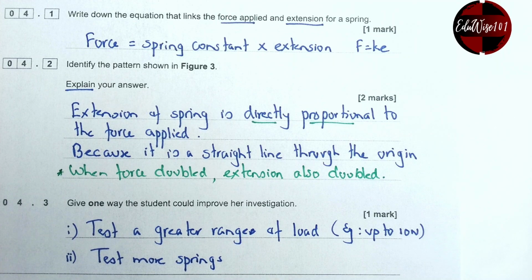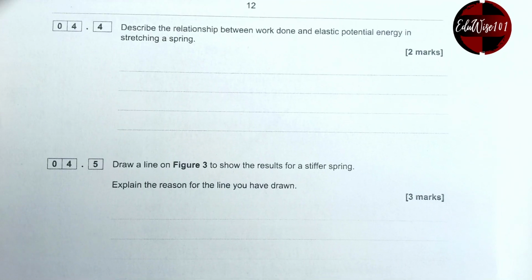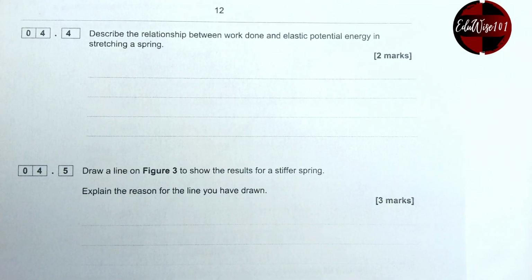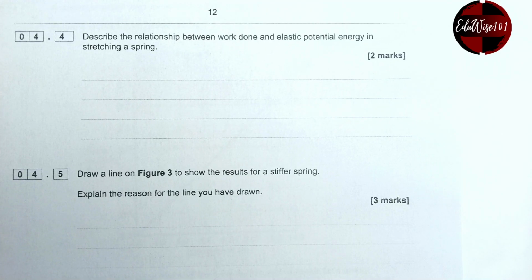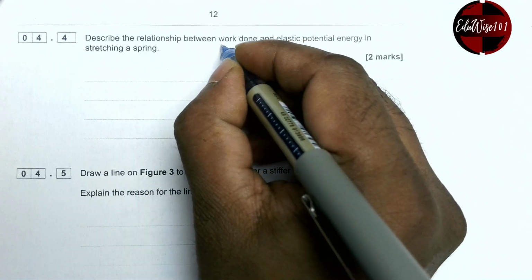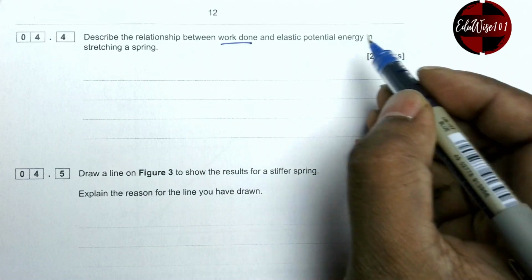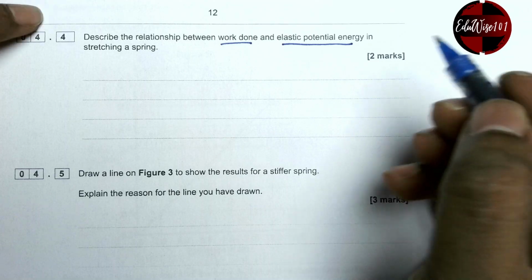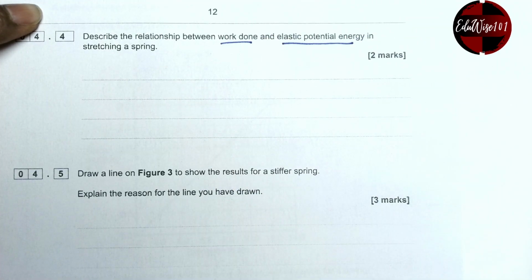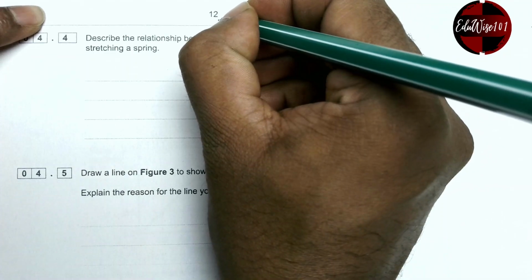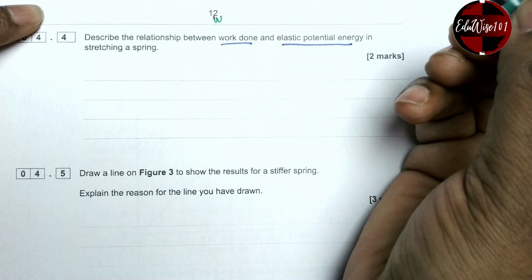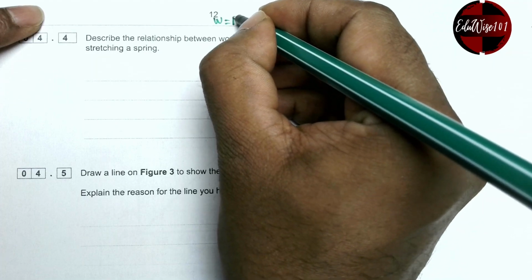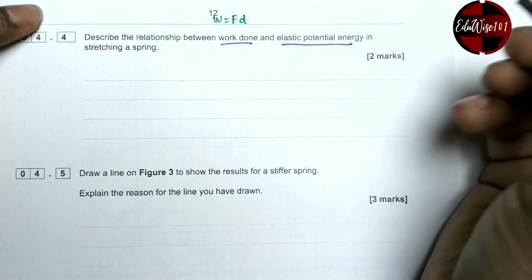Next question, 4.4. Describe the relationship between work done and elastic potential energy. Now, if you look for the equation for work done, W equals force multiplied by the distance moved.